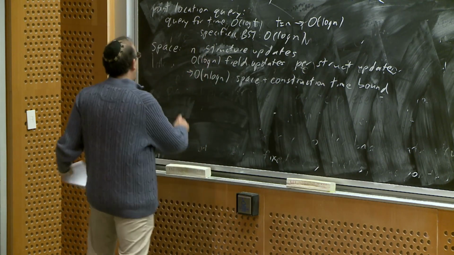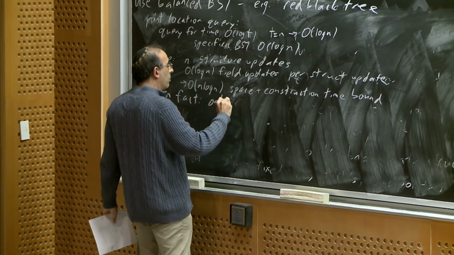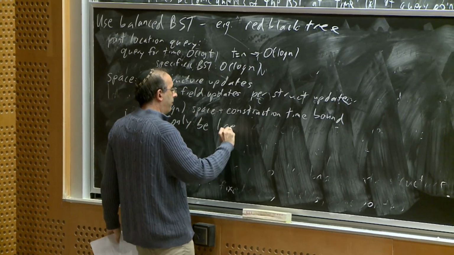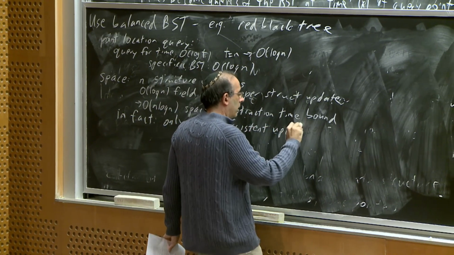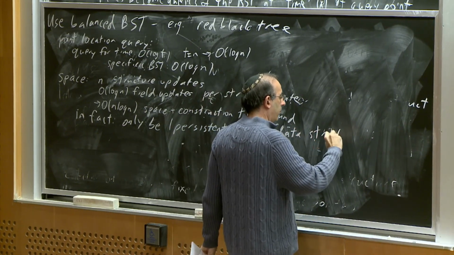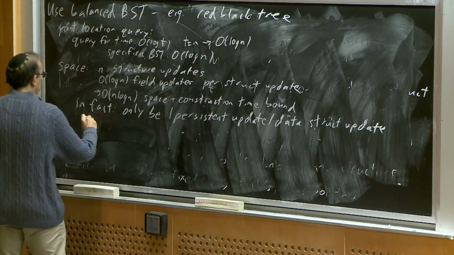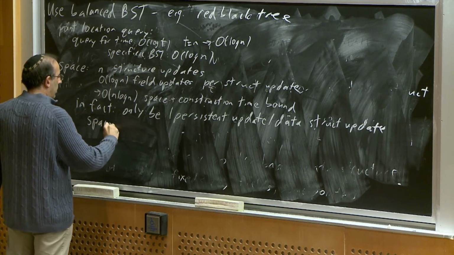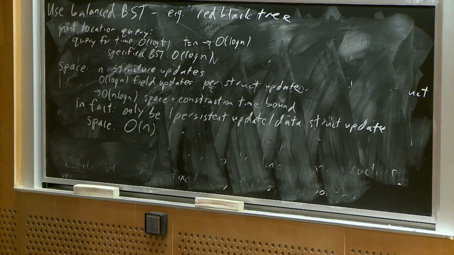So in fact, there's going to be only 1 persistent update per data structure update. And that drives our space down to order n, 1 per update.